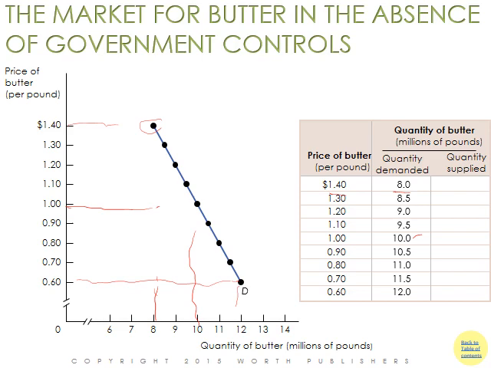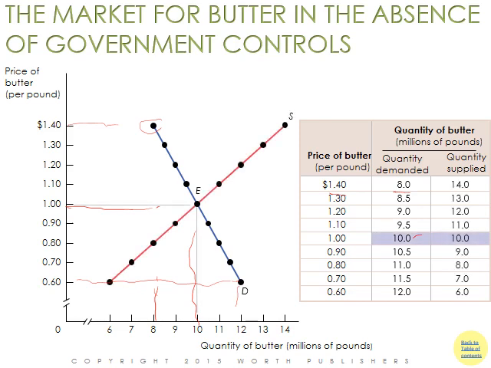Now we look at the supply side of the market. It shows the relationship between the price of butter and the quantity that producers are willing to supply. When the price is relatively high, the quantity supplied is relatively high. When the price goes down from $1.40 to $1, the quantity supplied decreases from 14 million to 10 million.